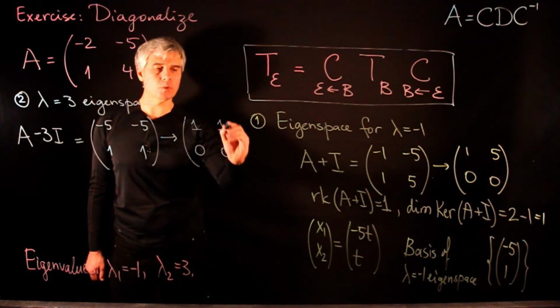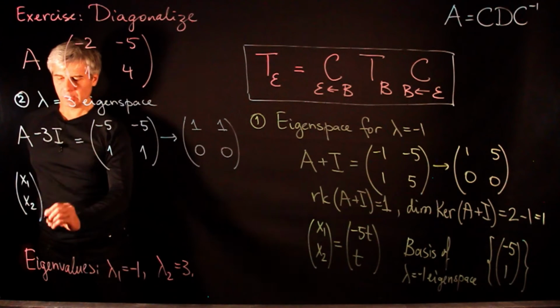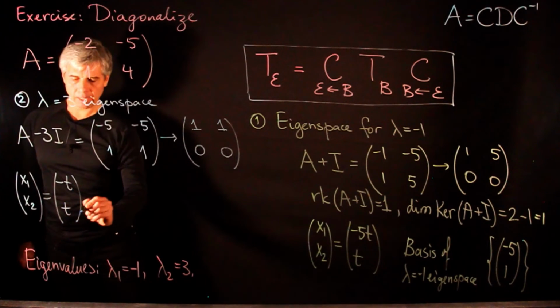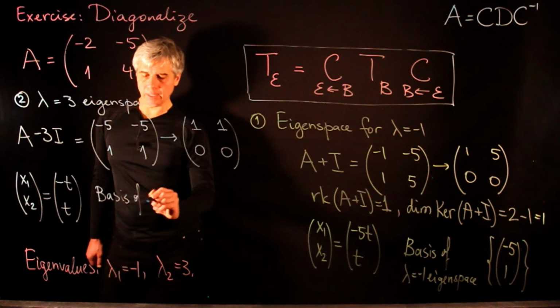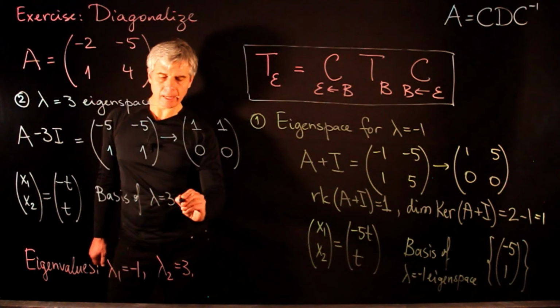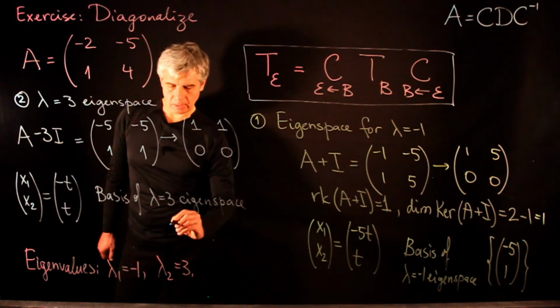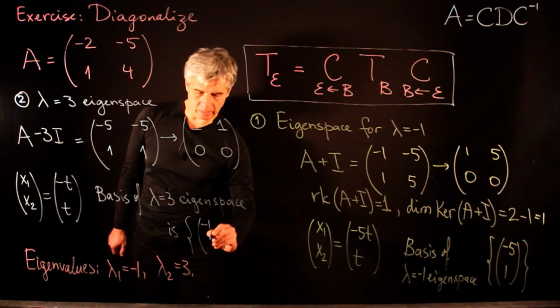So this is the reduced row echelon form. The general solution for the null space will be minus t, and so the basis of lambda equals 3 eigenspace is given by a single vector minus 1, 1.